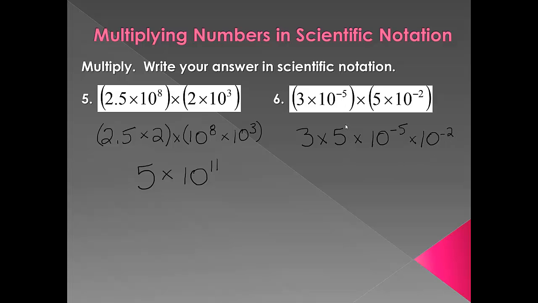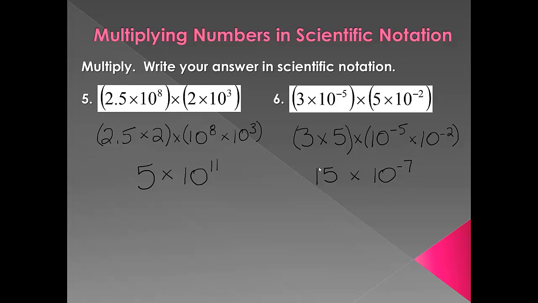Now my associative property can help me see what I'm going to multiply together. And now 3 times 5 is 15. And then my base is going to be 10, and my product of powers property says that I'm going to add my exponents. So negative 5 plus negative 2 would be negative 7.